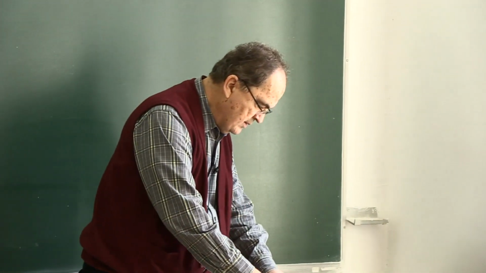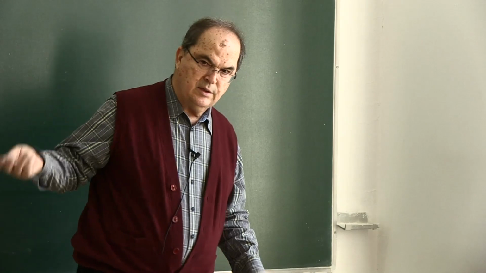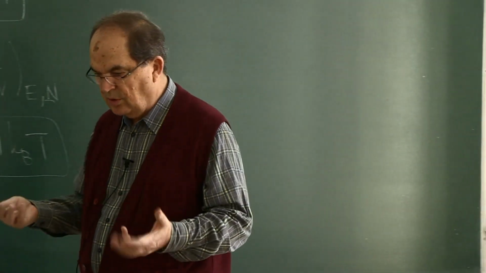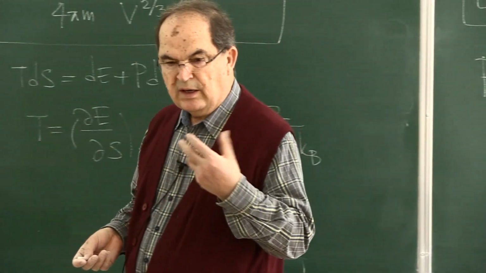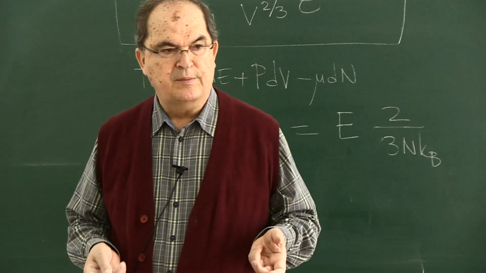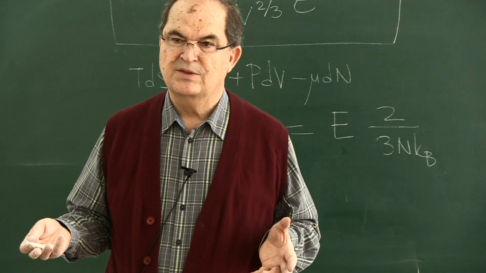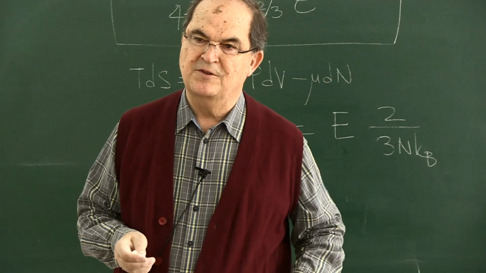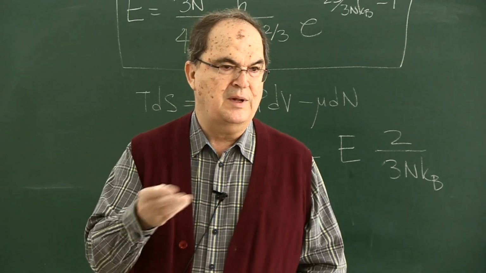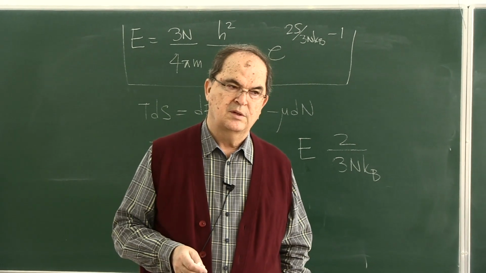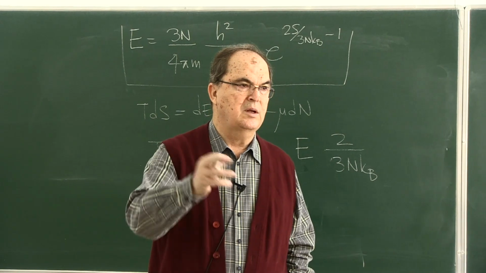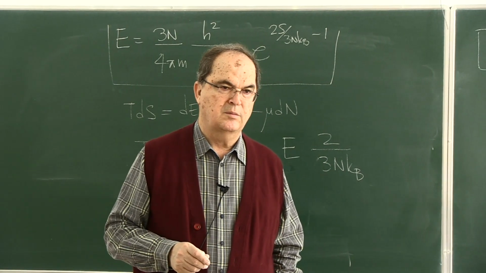But here, in the microcanonical ensemble, the total energy will remain a constant, but in canonical, it will fluctuate, isn't it? Because there is an exchange of energy, and that fluctuation can be computed, as we are going to do in a moment, when we deal with canonical ensembles.